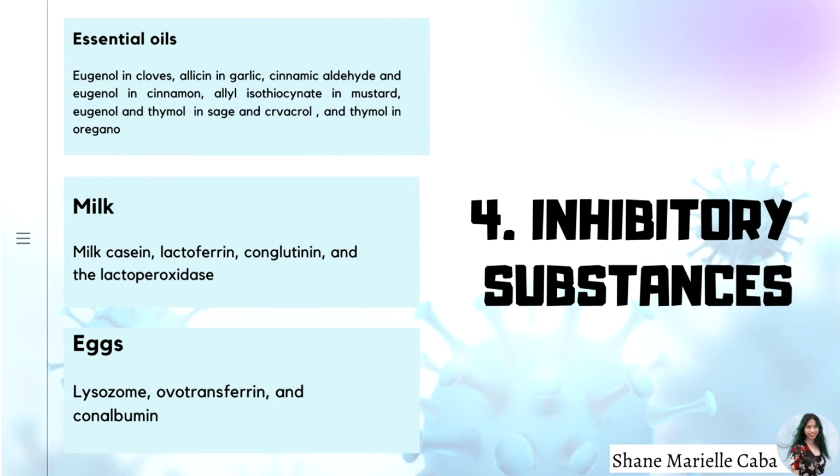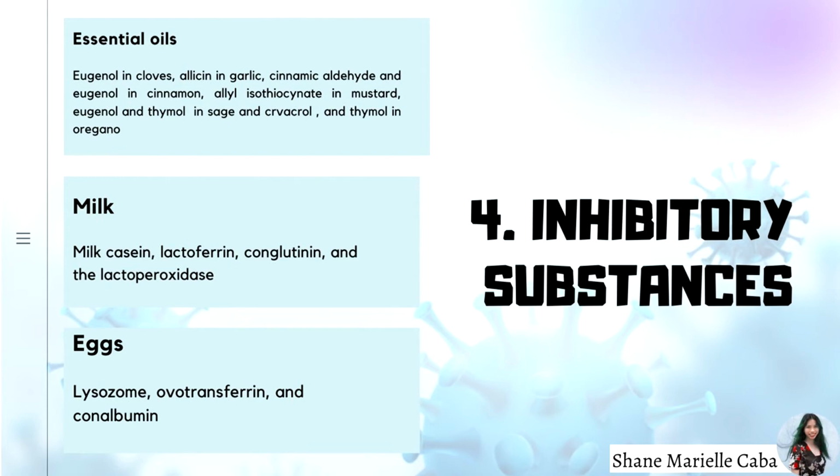Specific examples include eugenol in cloves, allicin in garlic, cinnamic aldehyde and eugenol in cinnamon, allyl isothiocyanate in mustard, eugenol and thymol in sage, and carvacrol and thymol in oregano. Other plant-derived antimicrobial constituents include the phytoalexins and the lectins.